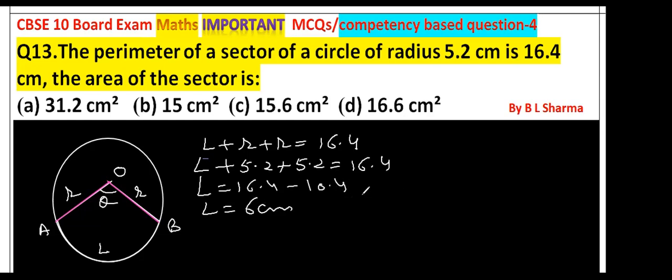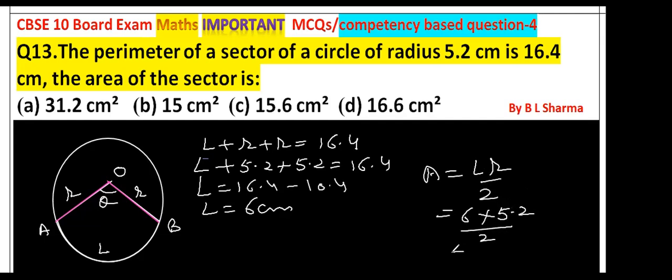We know that the relation between the area of the sector and length of arc is given by area of the sector equals length of arc into radius by 2. So length of arc is 6 centimeter, radius is 5.2 centimeter, and divided by 2.